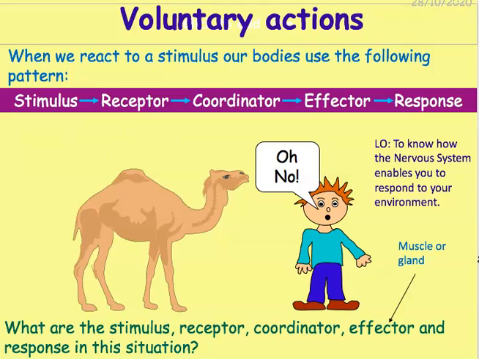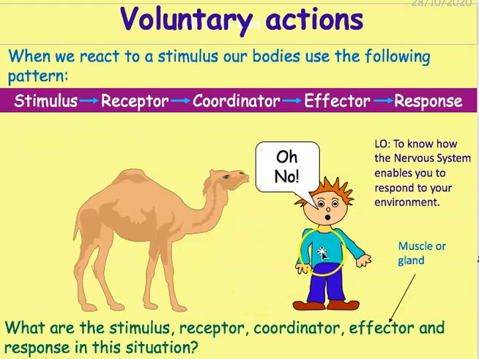Okay, so let's call this boy here Bob. Okay, so Bob is in the desert and a camel is coming towards him. Now, Bob doesn't really like camels, so he's going to respond to the camel in a certain way.